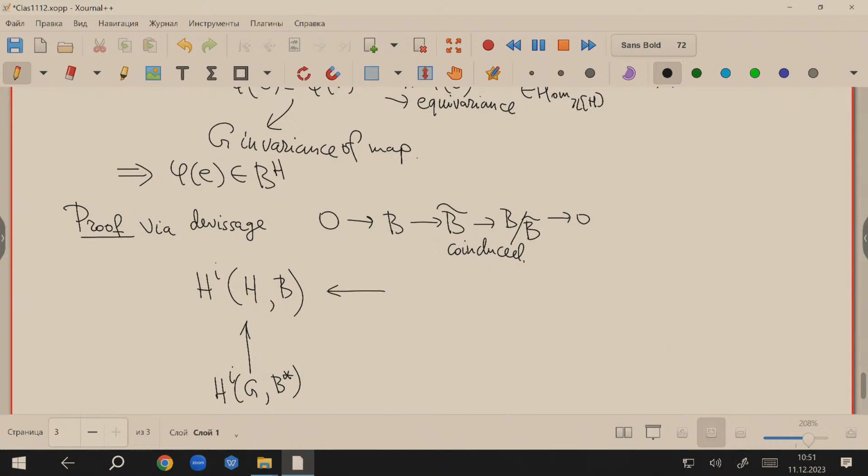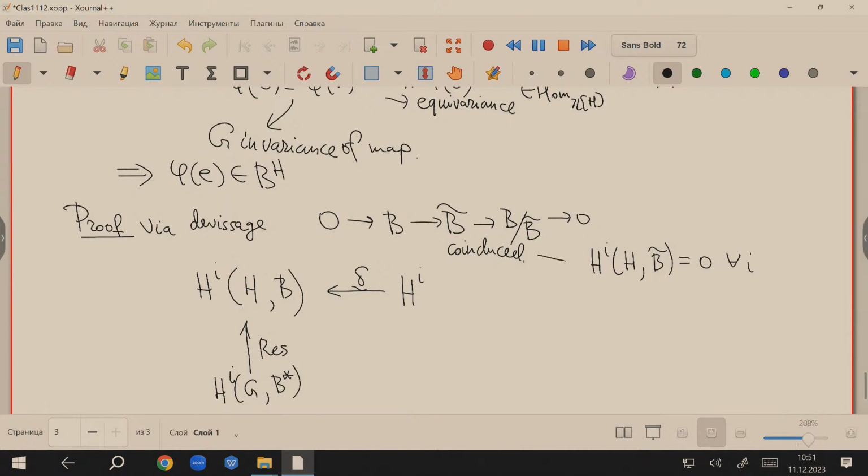So the G cochain can be restricted to H cochain, and here this is boundary homomorphism, which means that B tilde is an H module. So that means that Hi of H, B tilde is equal to 0 for any i.